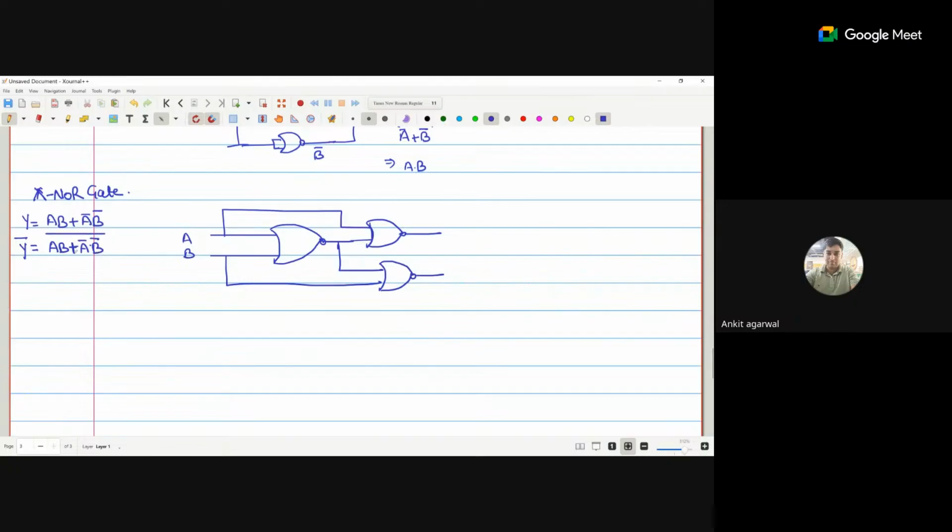So this plus and this bar is a NOR gate. This plus sign and this bar is NOR gate.